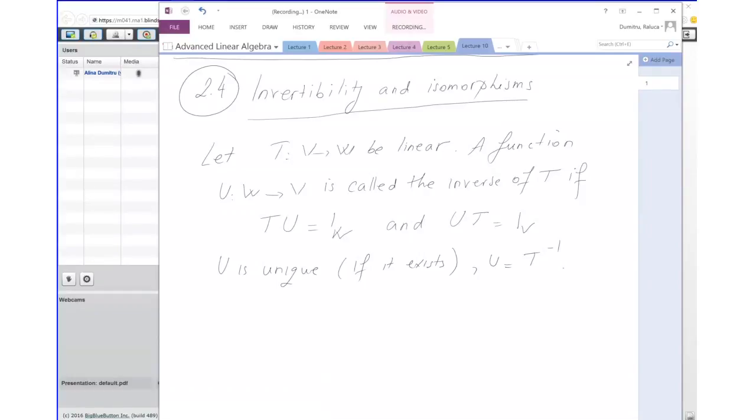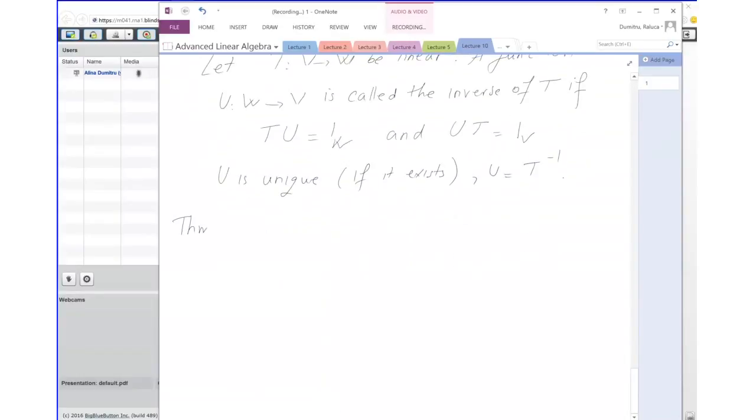And the first natural question here is, will the inverse still be a linear transformation? And the answer is yes. Theorem. Let T be a linear transformation from V to W that is invertible as a function. Then its inverse, T to the power -1, going from W to V, is also a linear transformation.